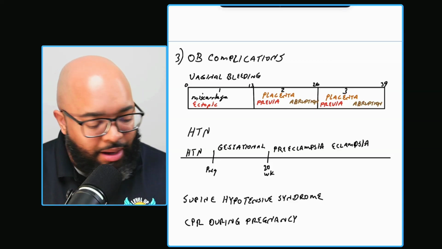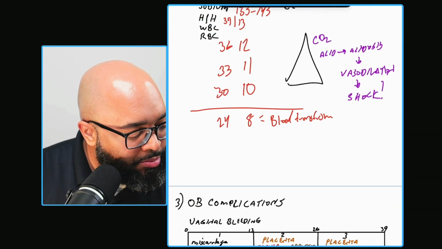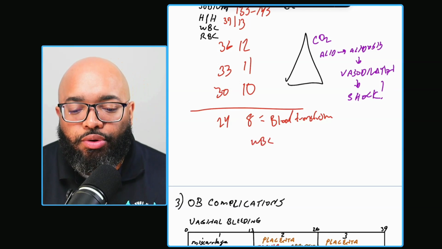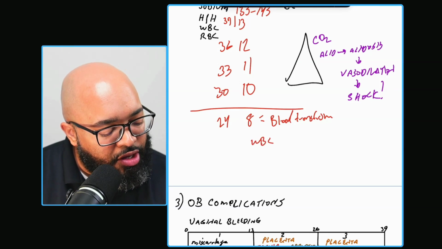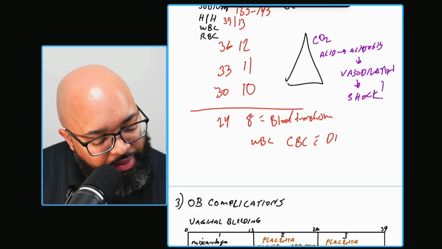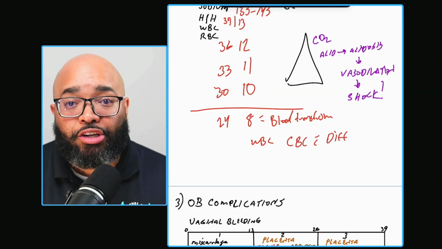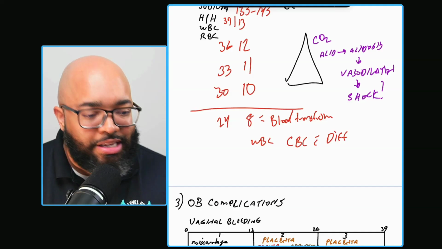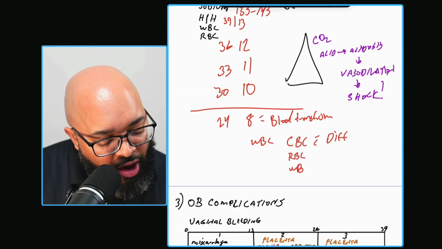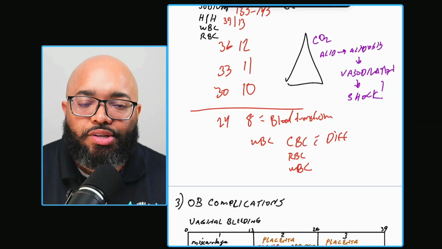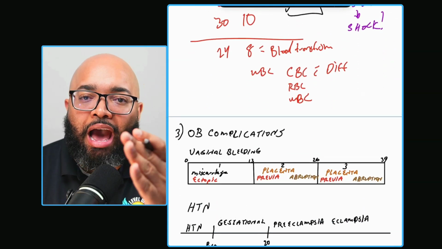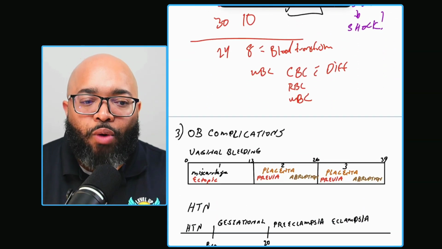Oh, by the way, I'm glad you mentioned that. When it comes to white blood cells, another value is if you see something called a CBC with diff, that means differential. It's not only going to tell you the red blood cell count and the white blood cell count, but for the white blood cells, it's going to break it down even further as to how many of each type of white blood cell.